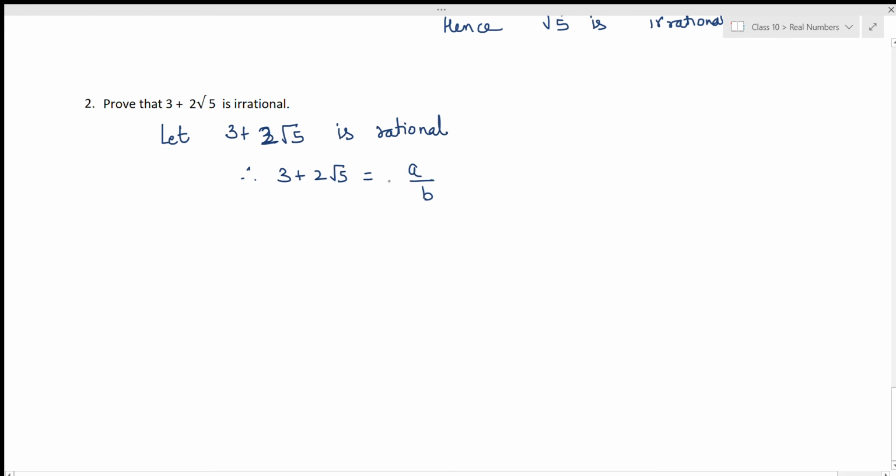Now let's take the variables to one side, and we'll take the root term on the other side. So this minus 3, when I take the LCM, it will become a minus 3b, root 5 times 2, and this 2 will also come over to this side. It will be a minus 3b by 2b.